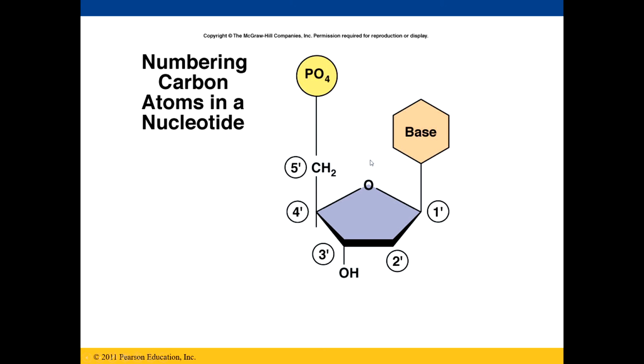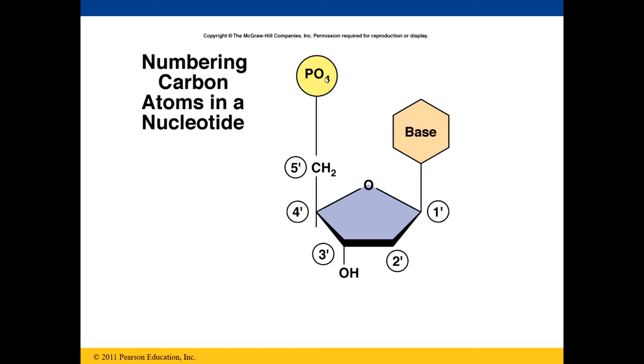Now, another important thing to note, anytime you look at organic molecules, and remember this is a hydrocarbon, so it's organic, is numbering these carbon atoms so you know what's attached to what. And so when we start out with this 5-carbon sugar, on the first carbon, we're going to call this carbon number 1 wherever the base is attached, then carbon number 2, then carbon number 3 has this OH group, carbon number 4, and carbon number 5 has the phosphate group.